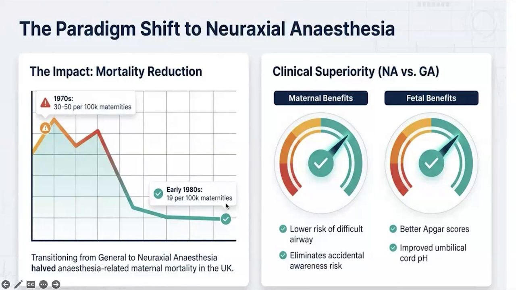It became popular for 2 reasons: maternal benefits and fetal benefits. The maternal benefits are low risk of difficult airway and elimination of accidental awareness in mothers. Fetal benefits are a better APGAR score and improved umbilical cord pH.